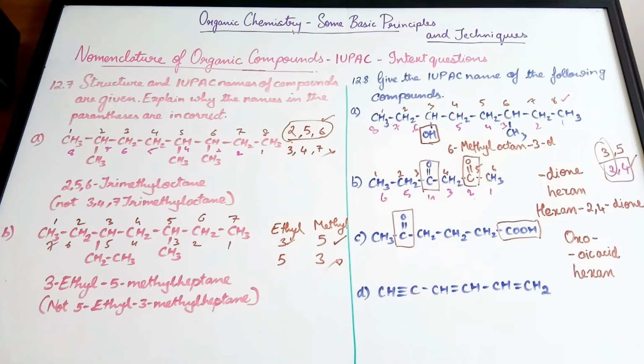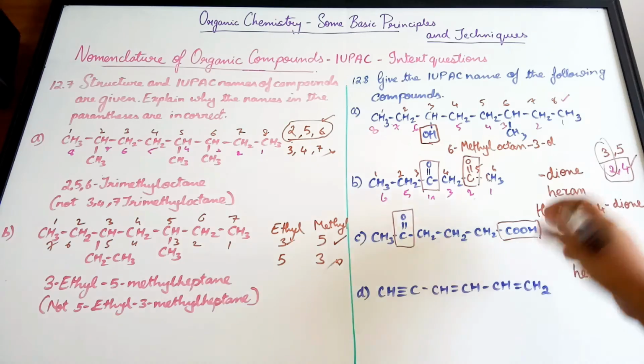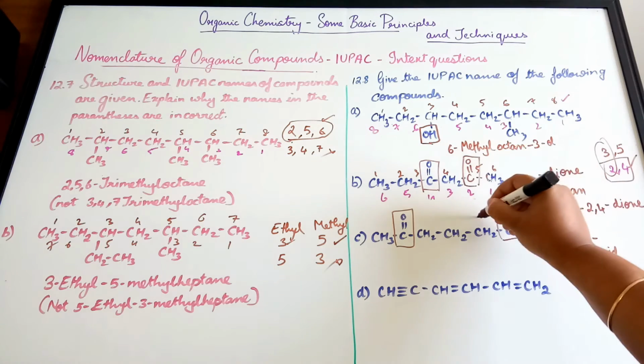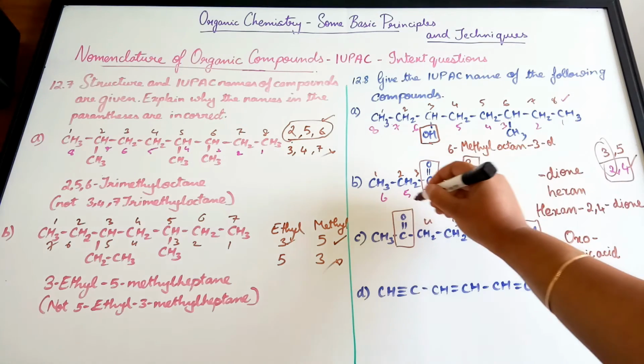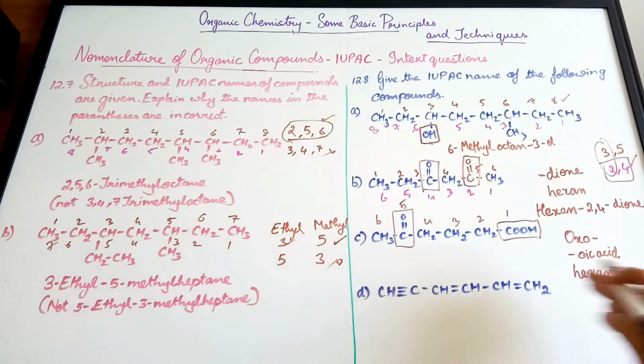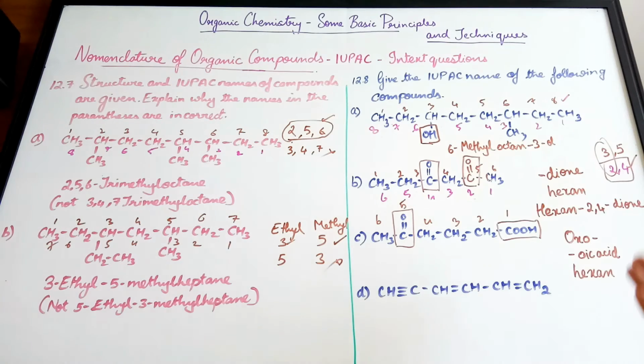Now we need to number this chain. It's obvious that since our COOH is on the right side, the numbering is going to go from right to left, and COOH gets number 1, 2, 3, 4, 5 and 6. I'm not going to go from left to right because COOH is here and it has number 1.